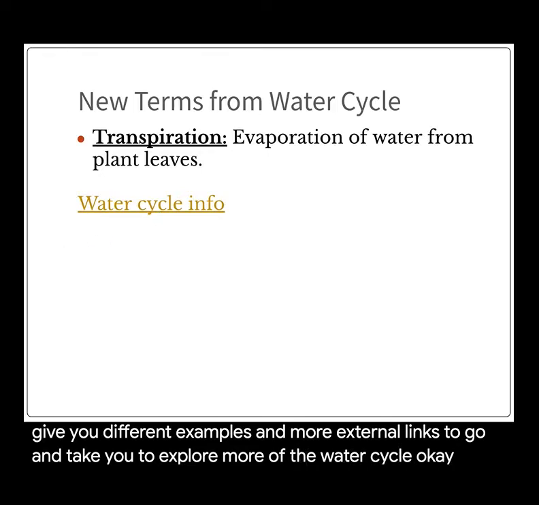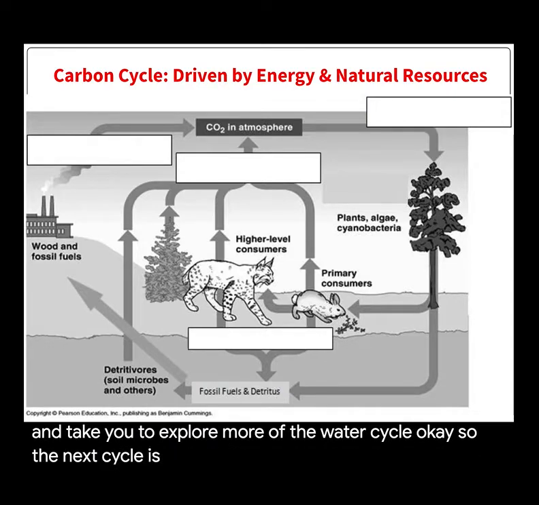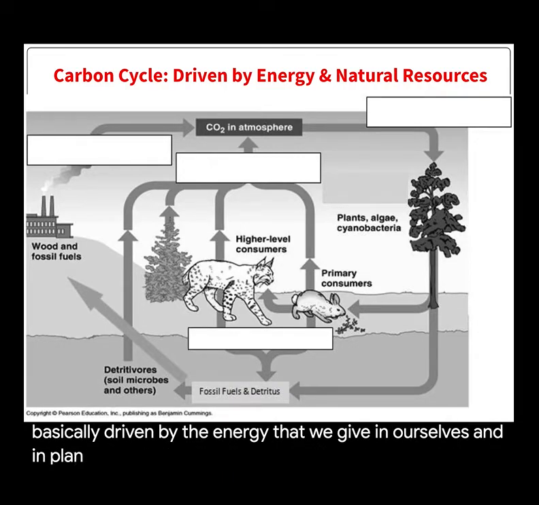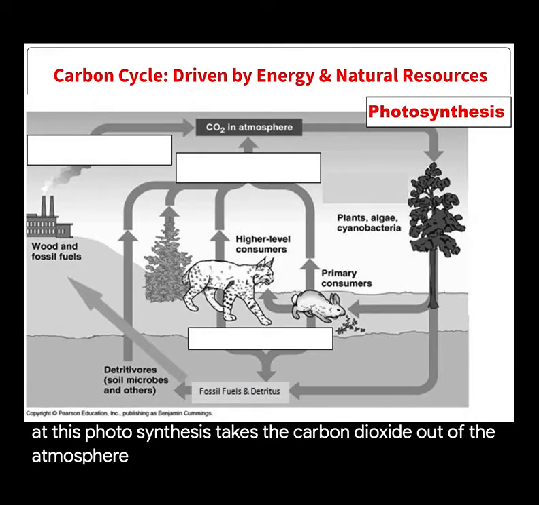Okay, next cycle. So the next cycle is the carbon cycle. The carbon cycle is basically driven by the energy that we give in ourselves and in plants, and then as well as what we burn. So when looking at this, photosynthesis takes the carbon dioxide out of the atmosphere and puts it into sugar.